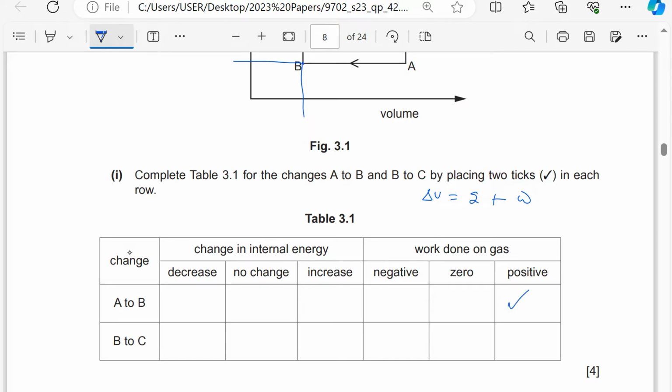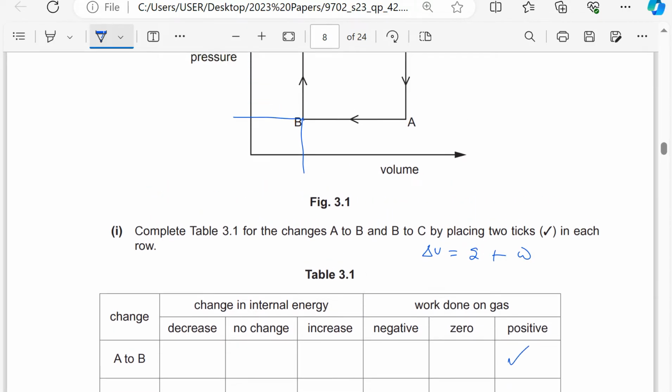Then change in internal energy A to B, the work done is positive.